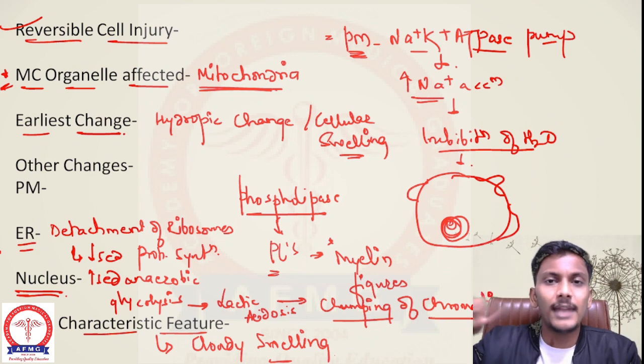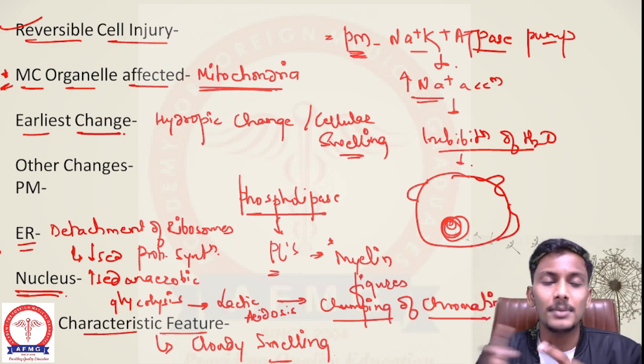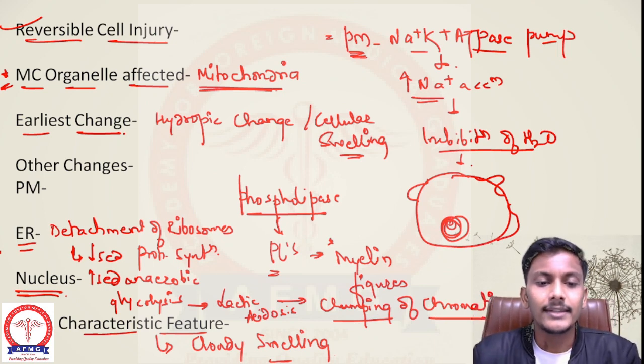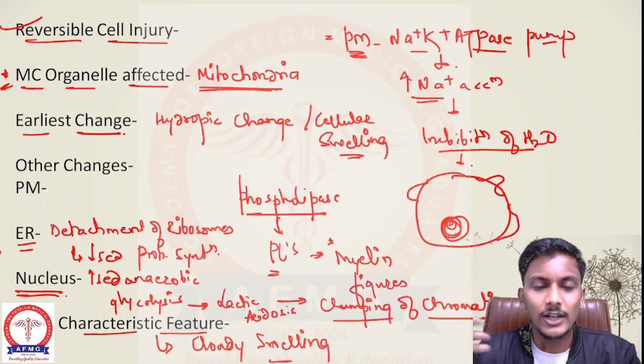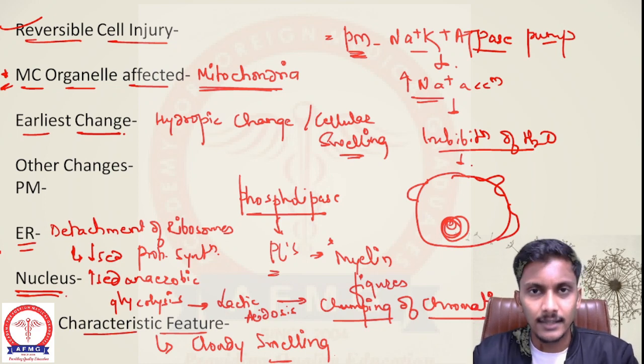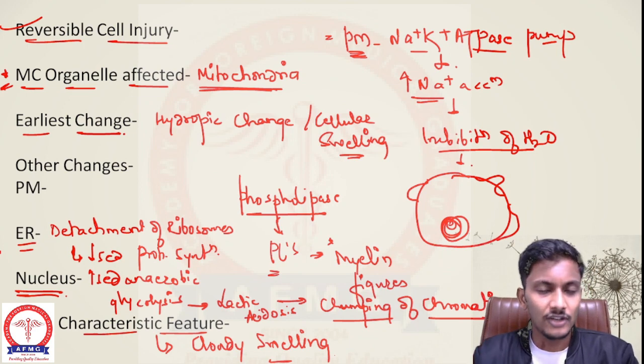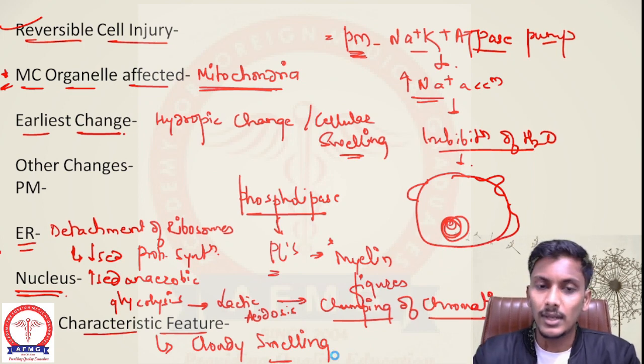It also leads to bleb formation on the cell. Then the endoplasmic reticulum would undergo swelling, leading to decreased protein synthesis. In the nucleus there is excess anaerobic glycolysis, leading to accumulation of lactic acid, finally decreasing the pH, leading to clumping of chromatin. And the most characteristic feature of reversible cell injury is cloudy swelling.